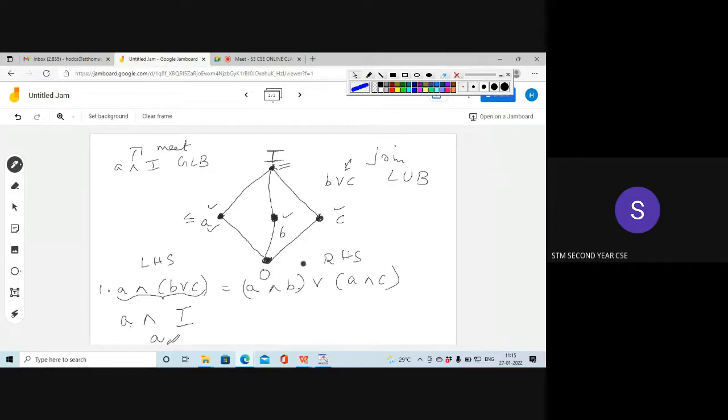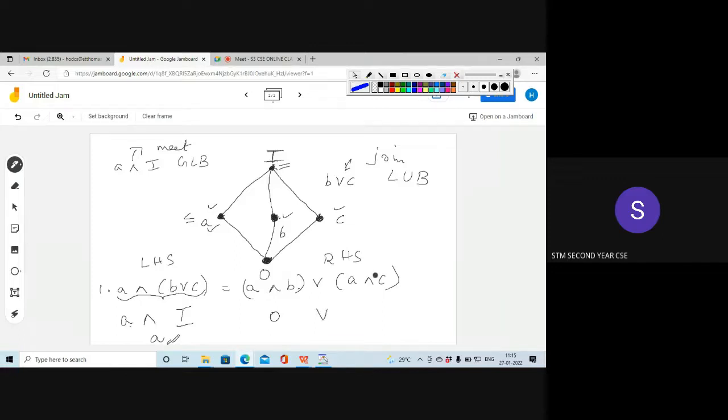RHS: A and B. A and B means the meet of A and B, the greatest lower bound of A and B. Meet means GLB. It has only 0 as its lower bound, and the greatest lower bound is also 0.